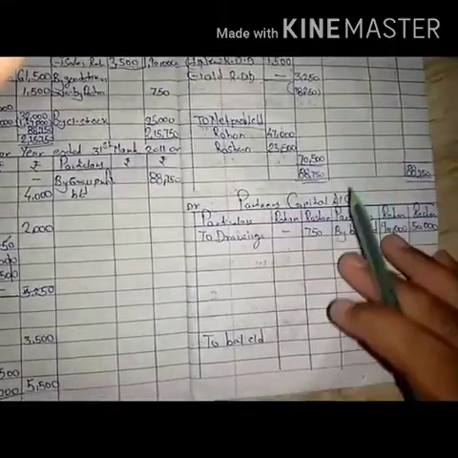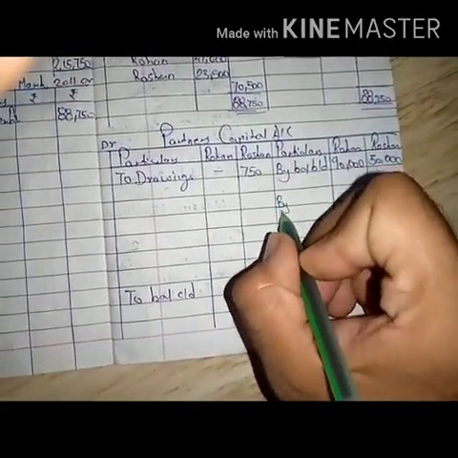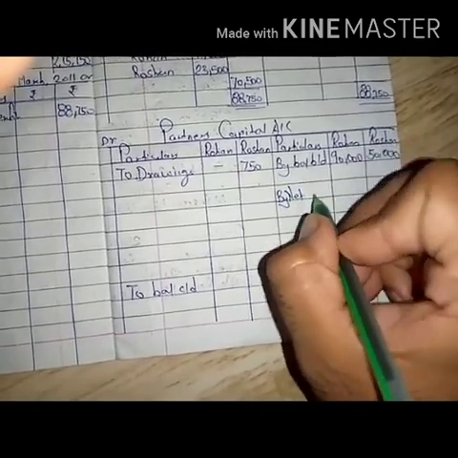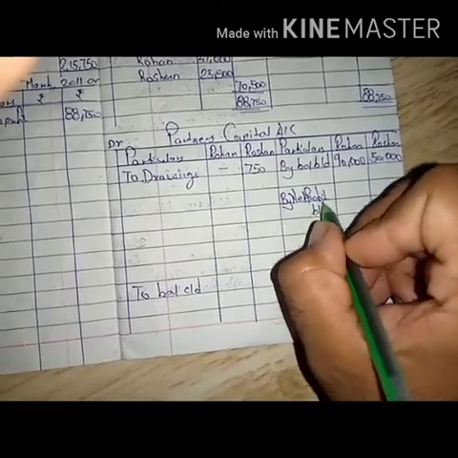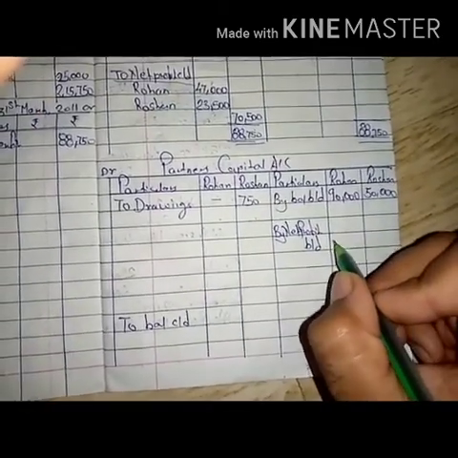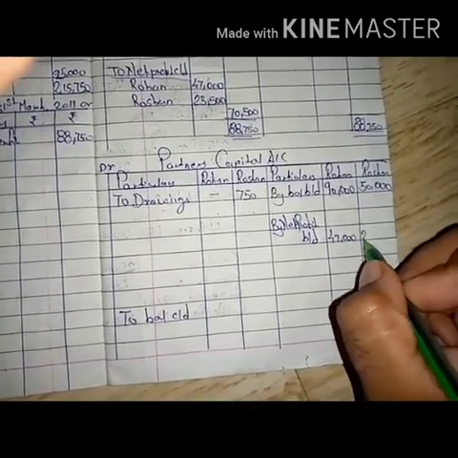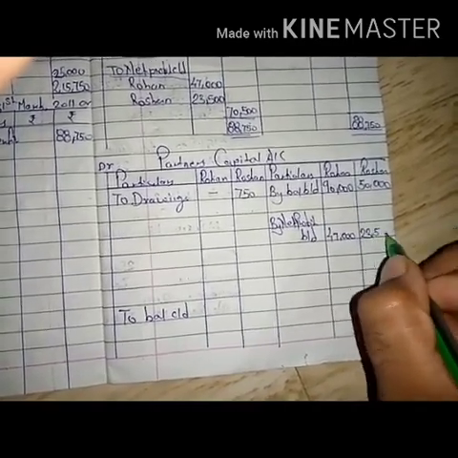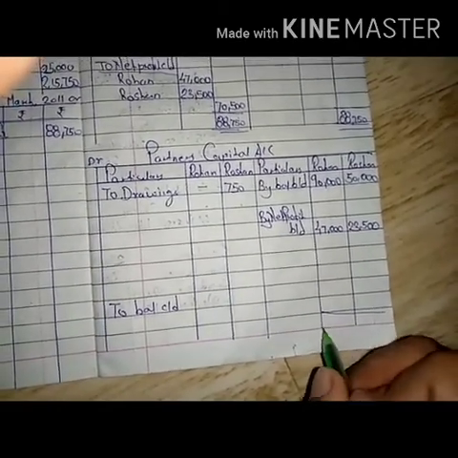We are going to transfer it to the credit side of the partners' capital account by net profit brought down, 47,000, 23,500. Now we are going to total it.